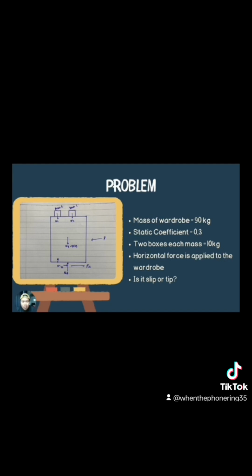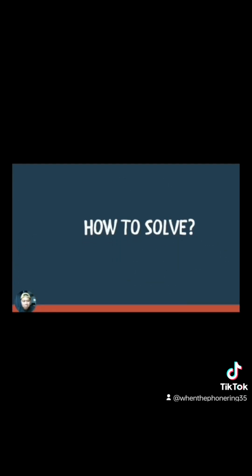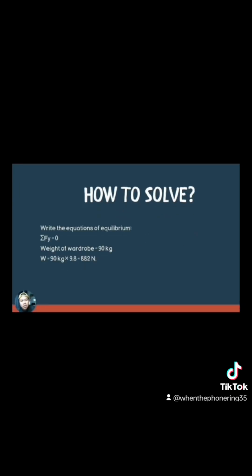If we take a look at this picture, we know that there are a lot of values that we don't have. So how to solve it? Let's follow the steps. First of all, write the equation of equilibrium. For equilibrium in the vertical direction, we assume Fy equal to 0.